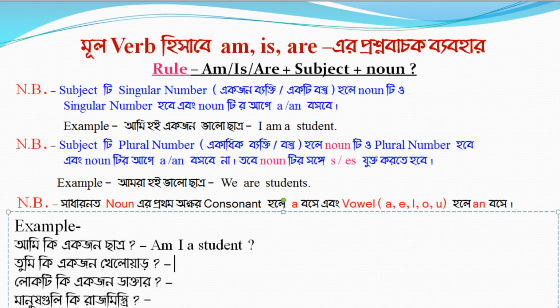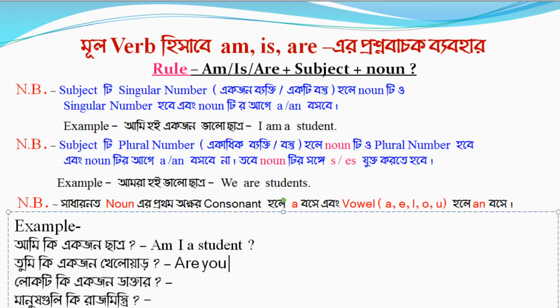Second: are you a player? Who are you? The subject is you. After you, we have to take only are. If you find you meaning one person or you meaning many, then you have to take only are. So I'm using are, and the subject is you.